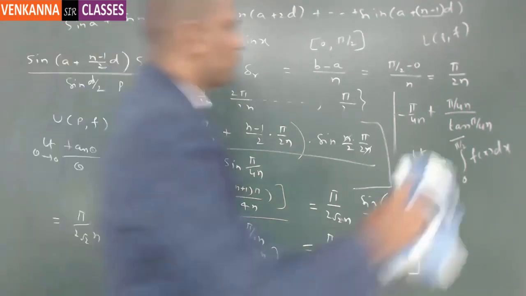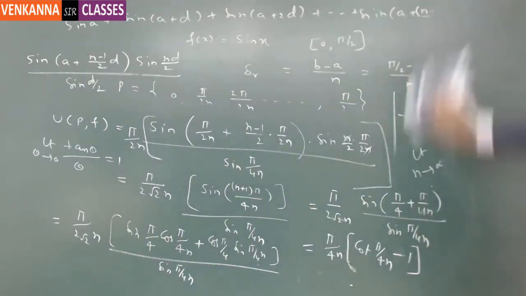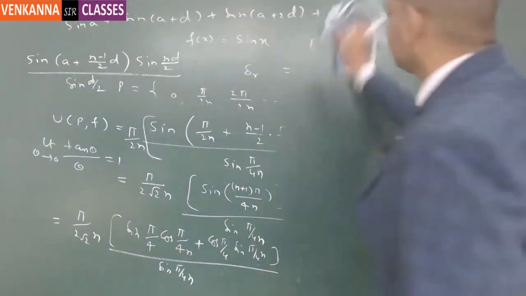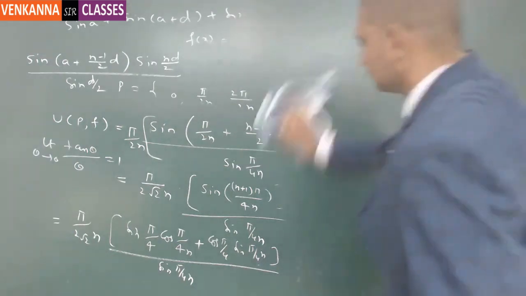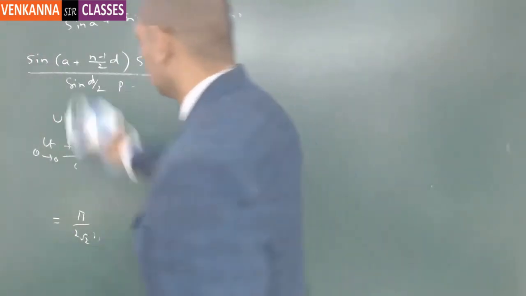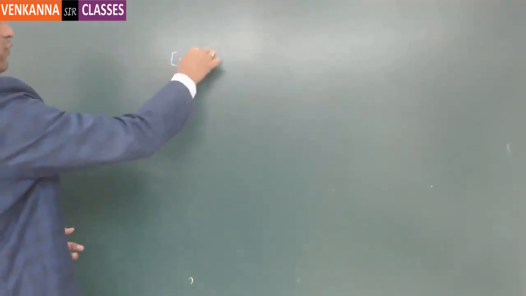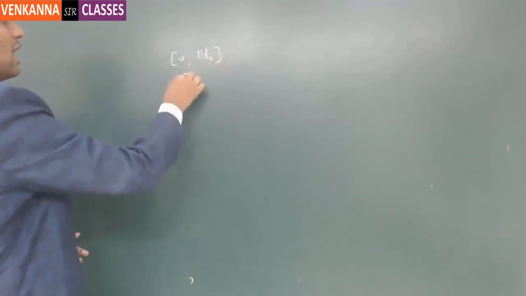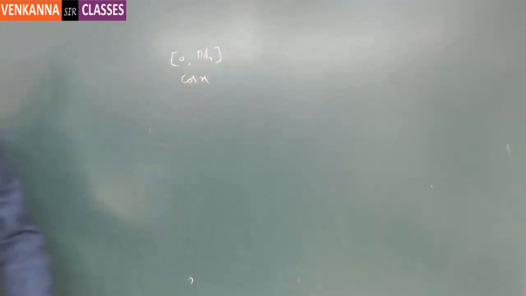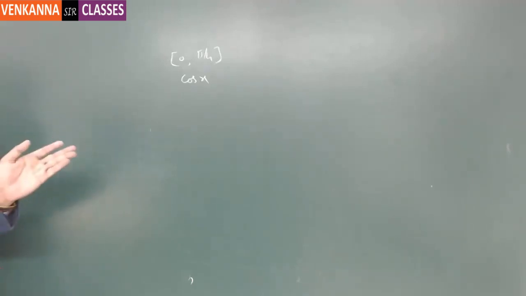Now, if a similar kind of problem is given on cos x, so if you take the interval as 0 comma pi by 4 and the function is cos x, using the technique of Riemann integrability, prove that it is Riemann integrable and find the integration value.